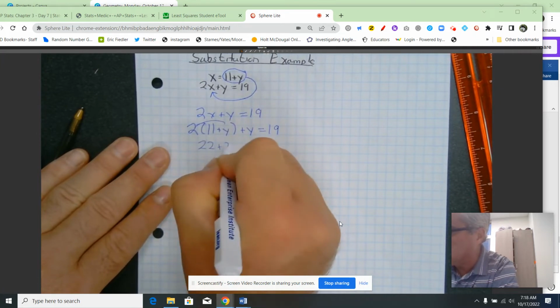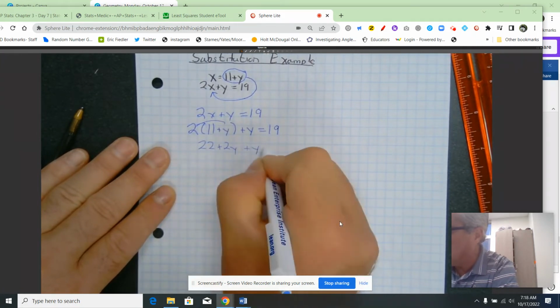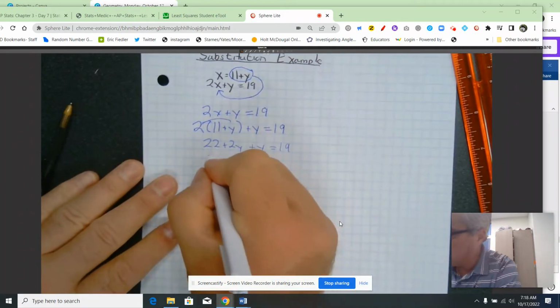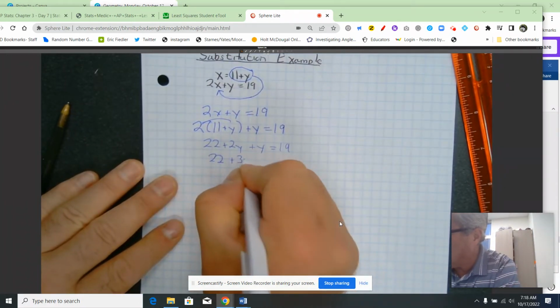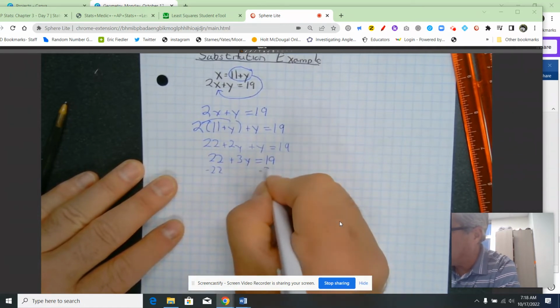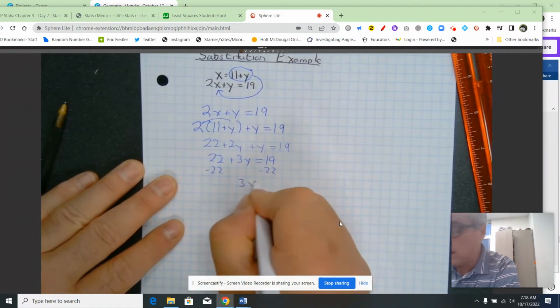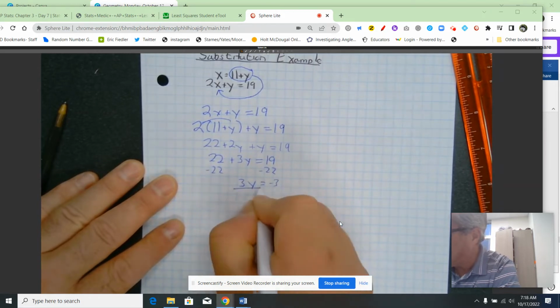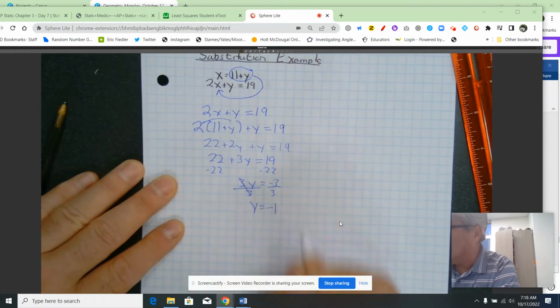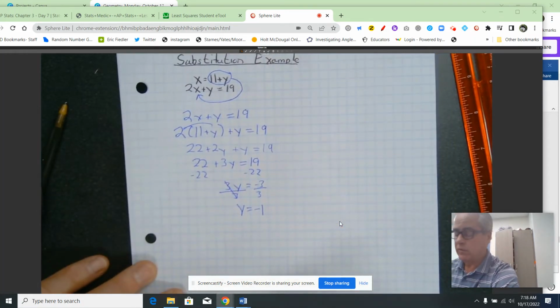Distribute. I'm going to solve it for y. I get 22 plus 2y plus y equals 19. Combine like terms. I get 22 plus 3y equals 19. Subtract 22 from both sides. 3y equals negative 3. Divide by 3. I get y equals negative 1. How do I figure out what x is?